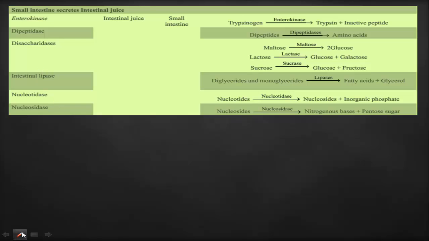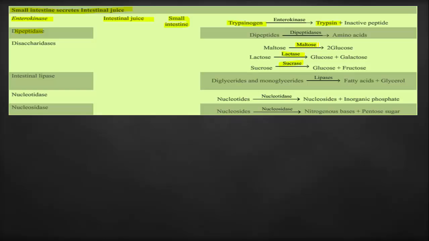Then moving to intestinal juice. What are the different enzymes present in the intestinal juice? Intestinal juice is secreted from the small intestine and contains enterokinase. Enterokinase is involved in the conversion of inactive trypsinogen into active trypsin. It contains disaccharidases such as maltase, sucrase and lactase.